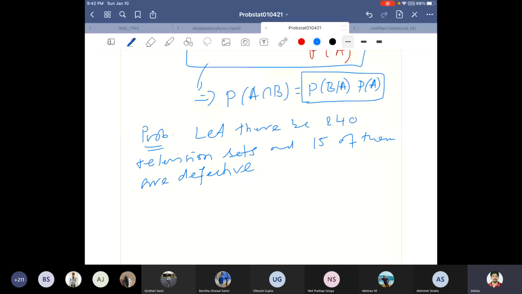You do not know about the 15, by the way, because you went to the shop and saw that there are 240 television sets, and you want to buy two. You didn't check whether they are working or not. You just bought them. So you pick two of them, and you do not know that there are 15 defective television sets.